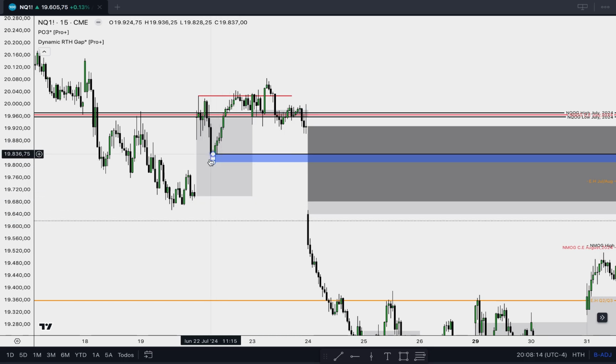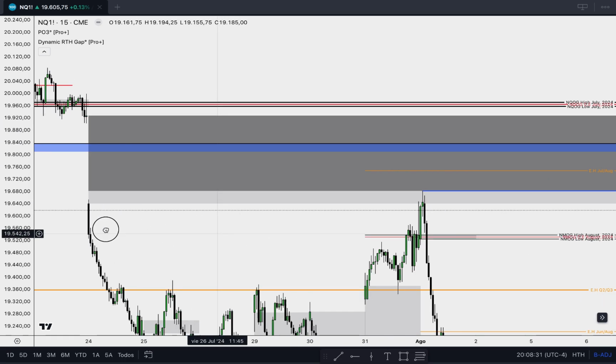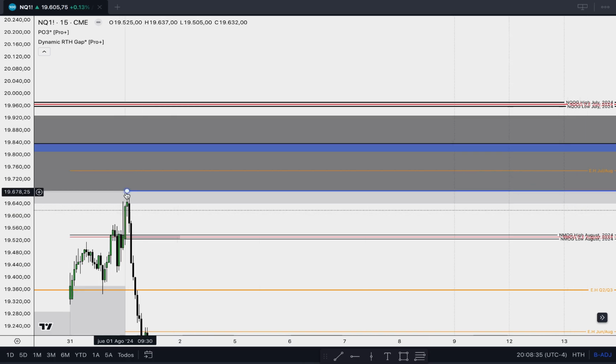From this swing we move and we take this buy side, and now we are closing below and we leave this breakaway gap open, so we can reach this price level, and it's just above the event horizon and above this buy side liquidity.